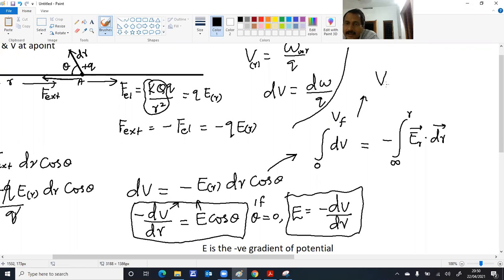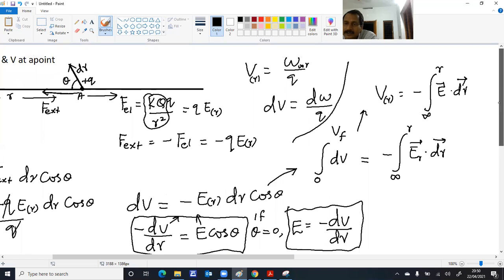So V at r will be equal to minus integral infinity to r E dot dr. So this is again relation between V and E. This is in integral form. This one is in differential form.